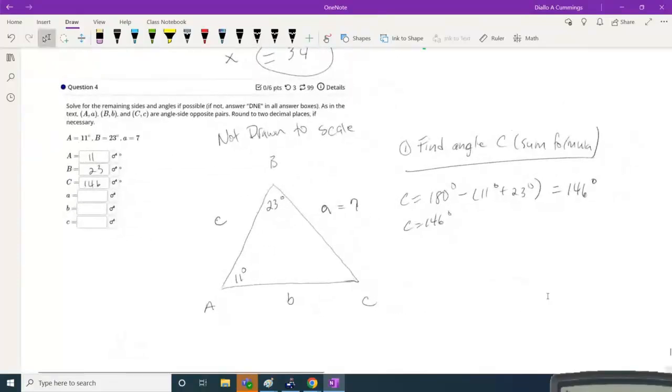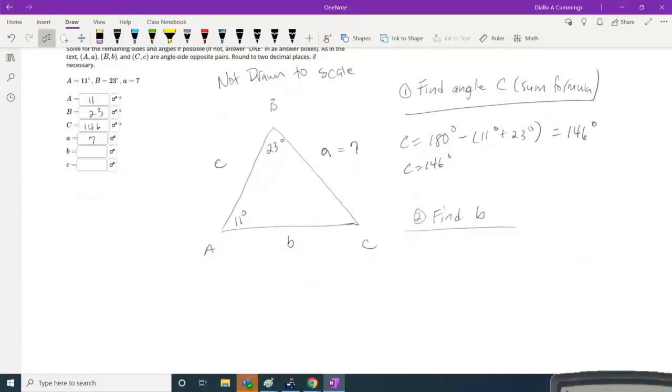We have side length A, which is 7. We have to find side lengths B and C. So next we're going to find B. We're going to set up a law of sines proportion. Remember, when you set up your proportion, there should only be one unknown. I know that side length A is 7, and I know angle A is 11.